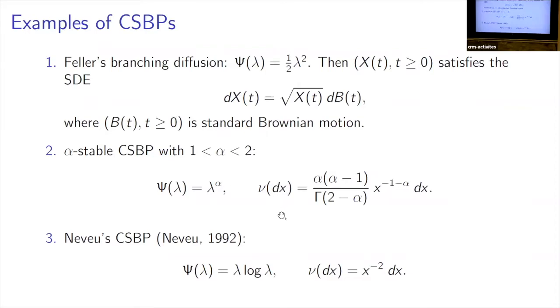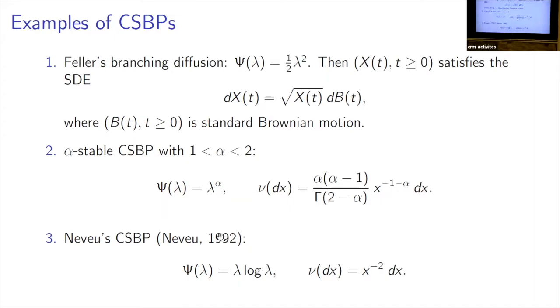And here we can see from the Lévy measure that jumps of size x are happening at a rate proportional to x to the minus 1 minus alpha. Now, to take alpha equal to 1, so that jumps of size x are happening at a rate proportional to x to the minus 2, that leads to a continuous state branching process whose branching mechanism is given by lambda times the log of lambda.